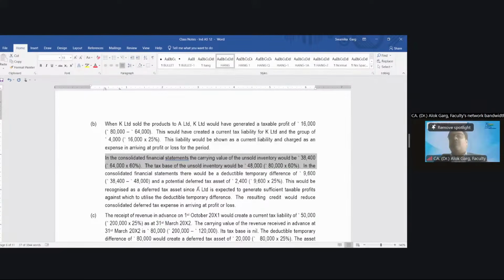In the consolidated financial statement, there would be a deductible temporary difference of 9,600, which is 48 minus 38, and a potential deferred tax asset of 2,400, which is 25% of 9,600. This would be recognized as deferred tax asset since A Limited is expected to generate sufficient taxable profits against which to utilize the deductible temporary differences.